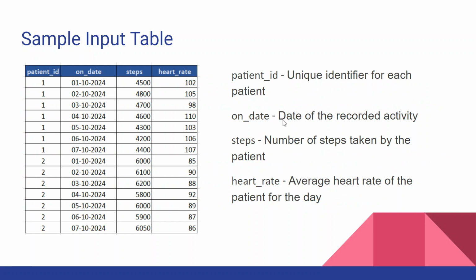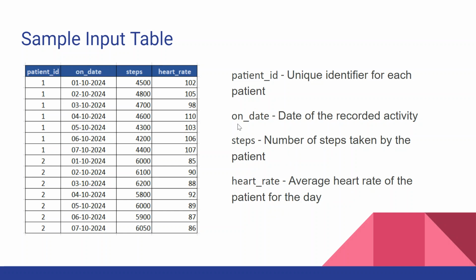On date is the date of recorded activity, that is, on that particular day how many steps that patient took and what the heart rate was on average. Steps is the number of steps taken by that patient on that given date. The heart rate column gives us the average heart rate of that patient for the given day.